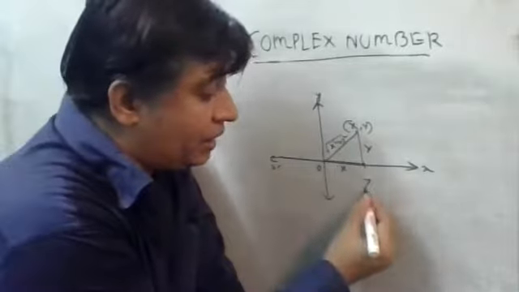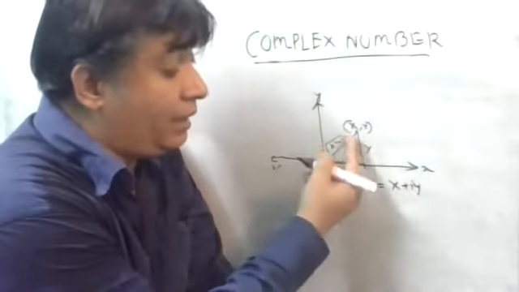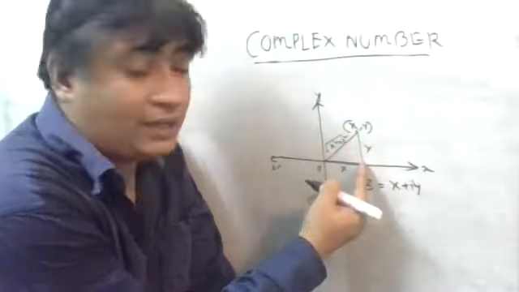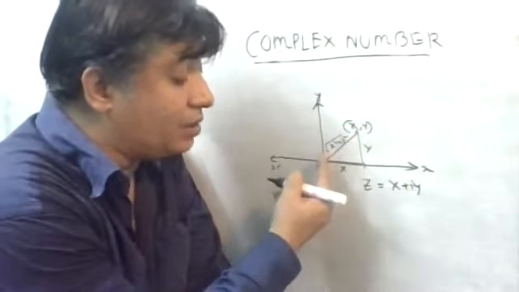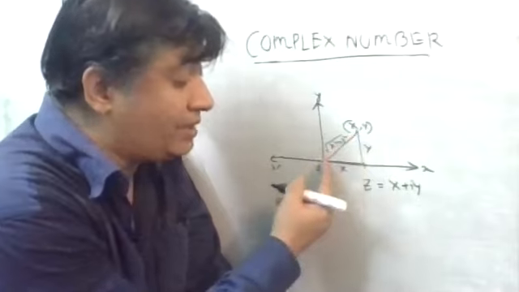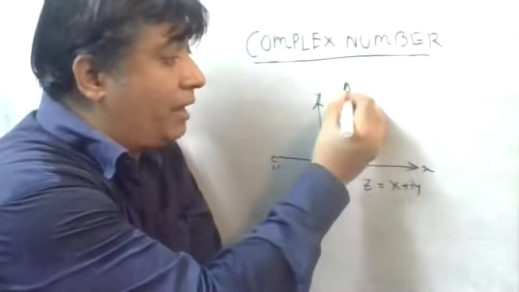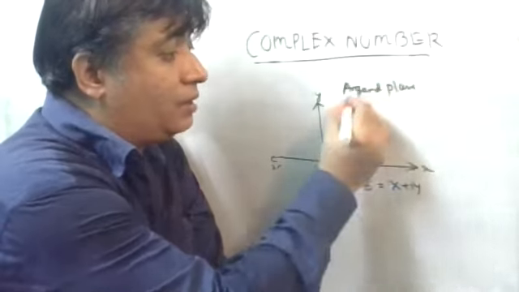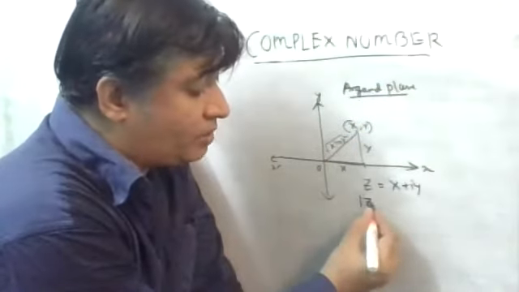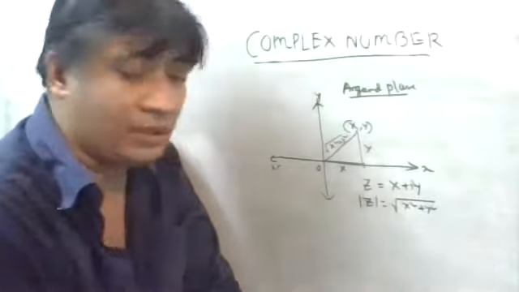See, if z is equal to x plus iy, then this is also a right angle triangle. The hypotenuse of this right angle triangle is considered the modulus of z in the Argand plane. So mod of z will be root over x square plus y square.